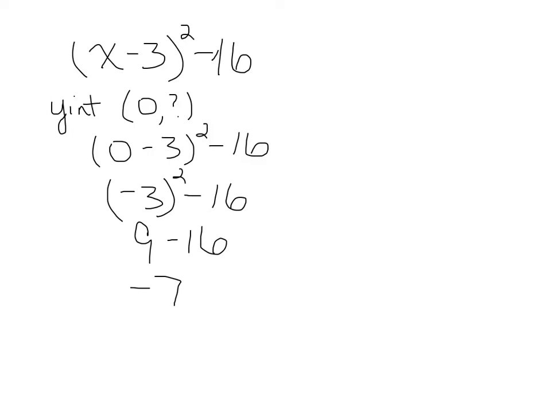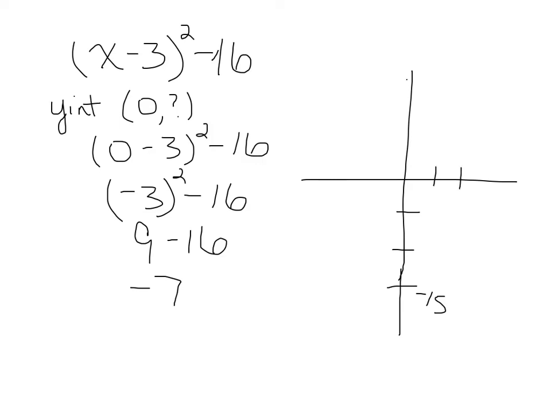Looks like I have room over here. I could go ahead and try to graph that. My y values are negative 16 and negative 7, so let's count by 5s. 5, 10, 15. The x values go up to 7, so 2, 4, 6, 8.